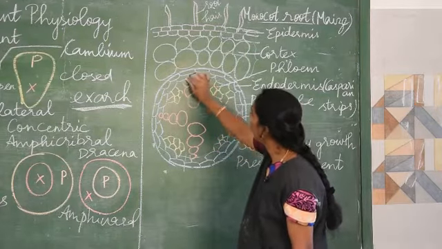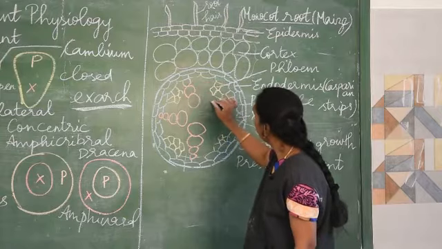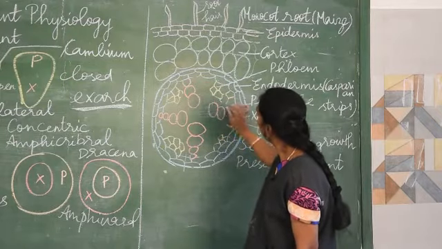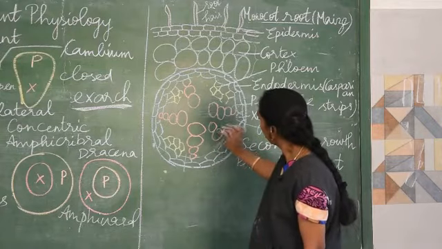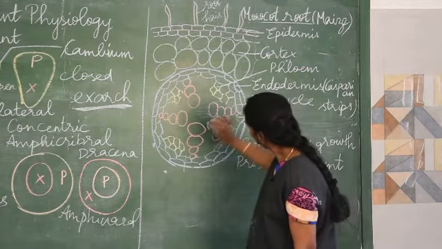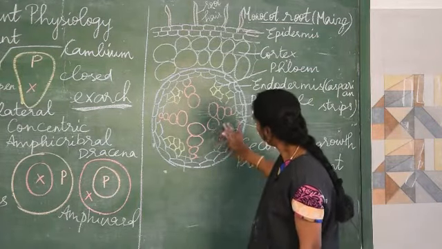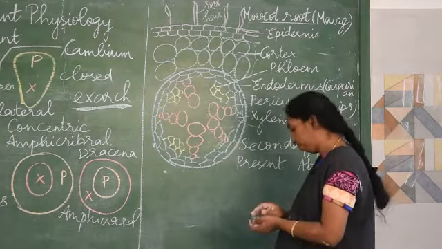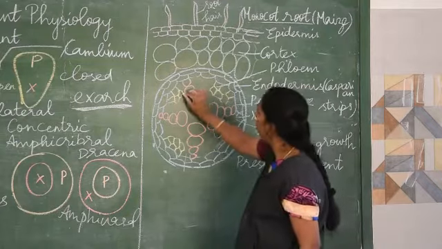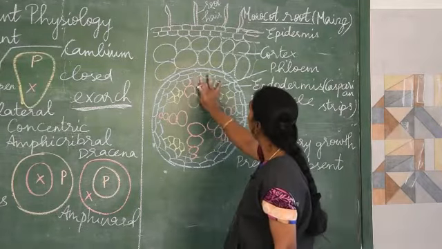Many vascular bundles are there. So here you have phloem.